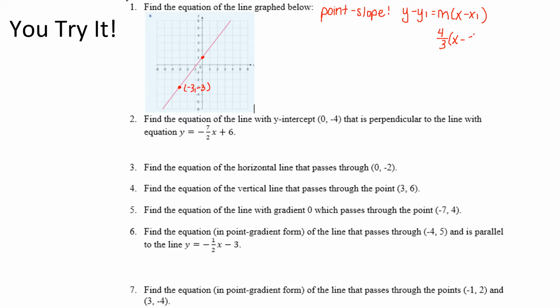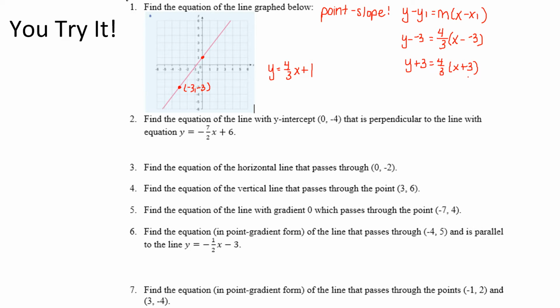So I put x minus -3 and y minus -3, and I get y + 3 = 4/3(x + 3). You can just leave the equation like that. You can also put it in slope-intercept form since this one did have a nice y-intercept. In slope-intercept, you would get 4/3 x + b, and our b was 1. You would get that exact same answer if you distributed this value out and subtracted the 3 over.